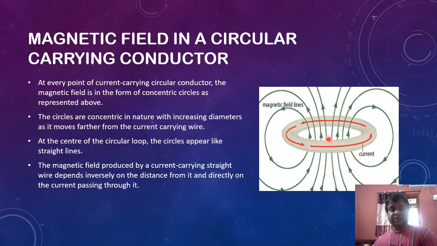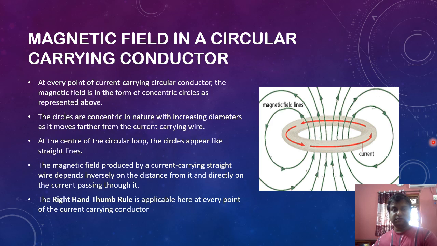Next, the magnetic field is directly proportional to the current passing through it, which means greater the current, the stronger the magnetic field. So the right hand thumb rule is applicable here at every point of the current carrying conductor.